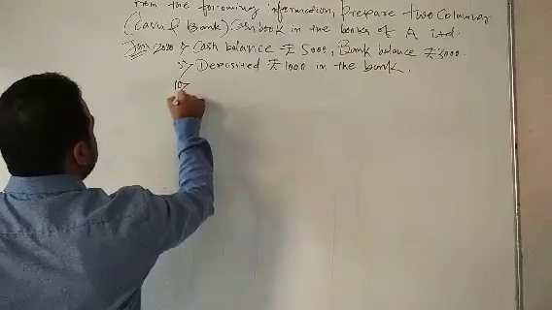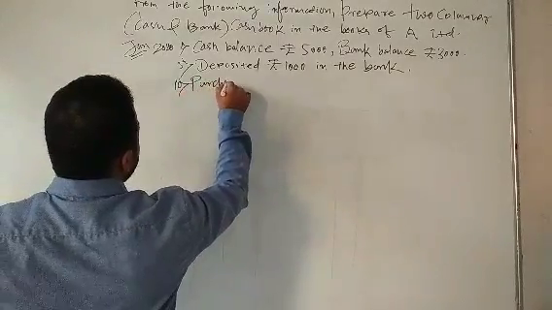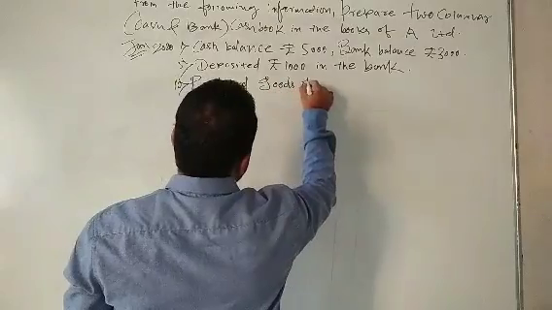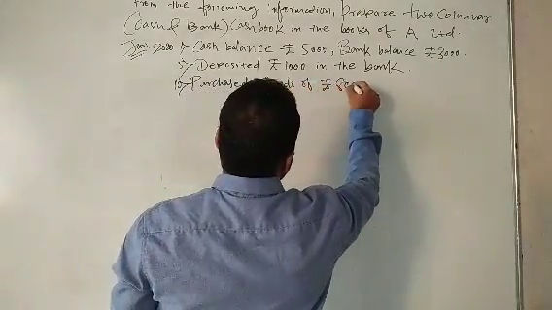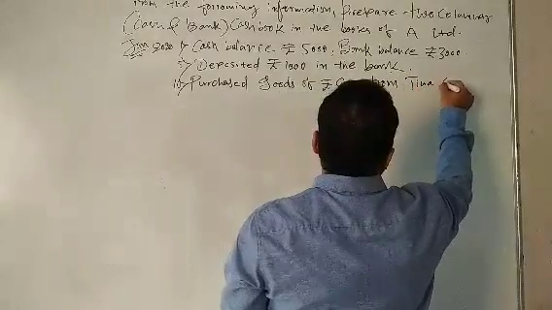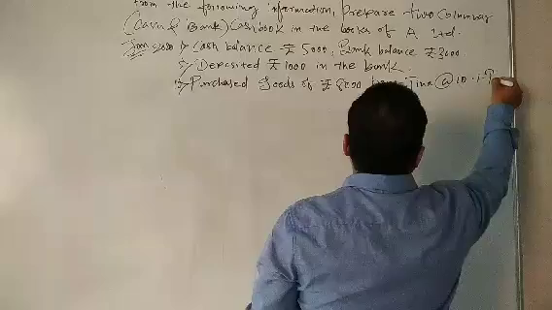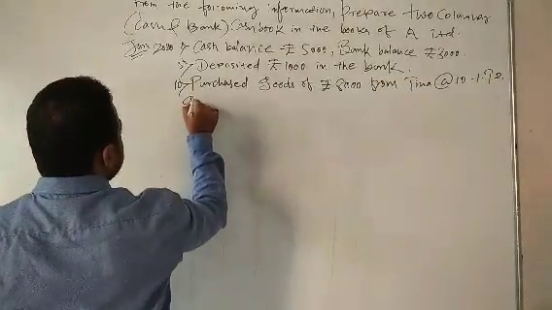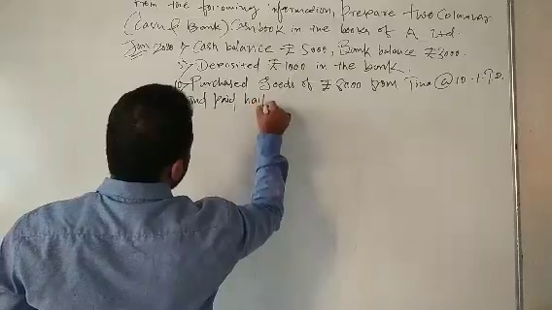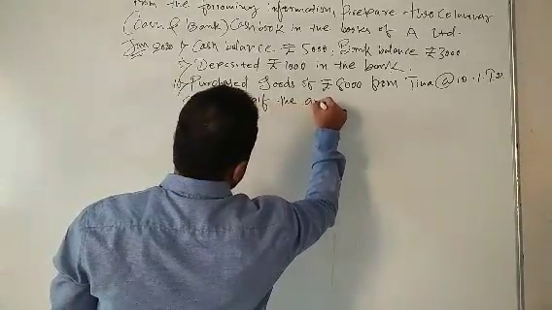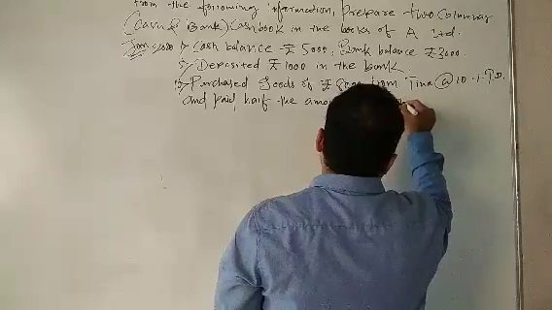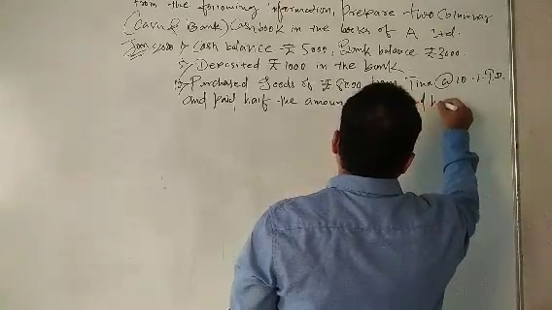Next transaction, students, purchase goods of rupees 8,000 from Tina at 10% trade discount and paid half the amount by cash and half by check.